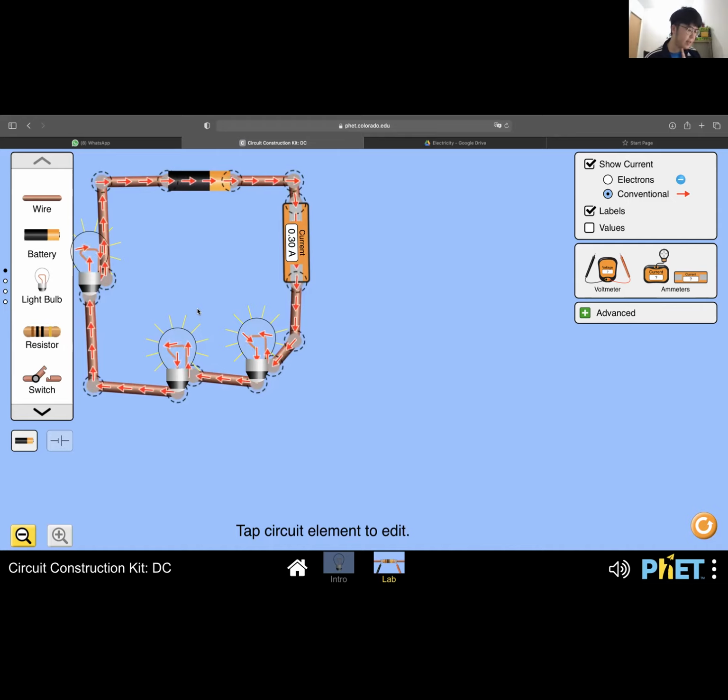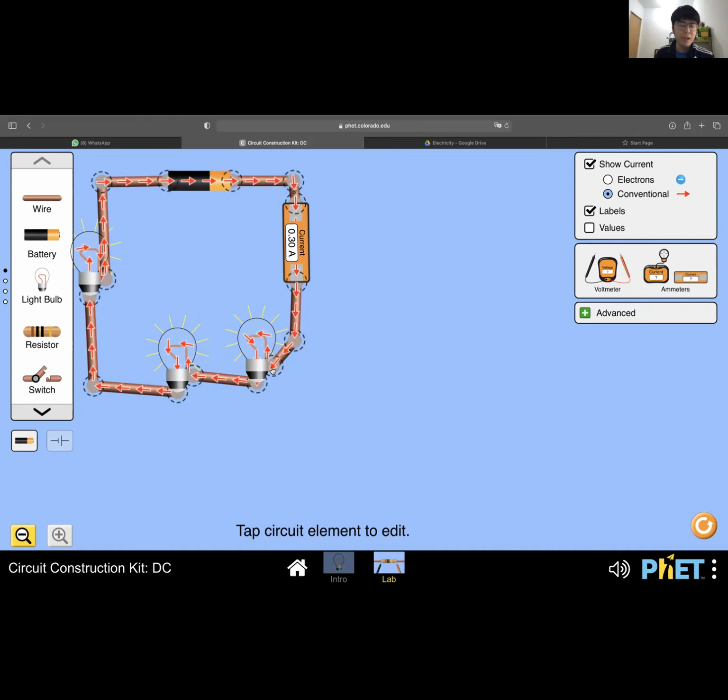Now, the second disadvantage says that when one load is damaged, it affects the functionality of the other loads. Meaning that if one bulb is damaged, there's a break in the circuit and it will cut the whole circuit.